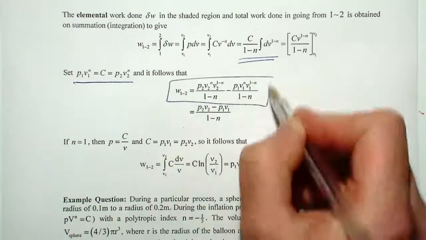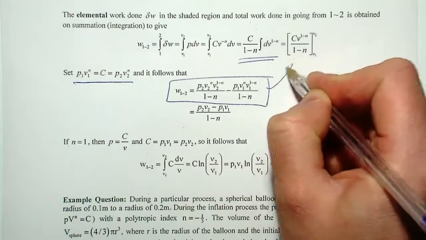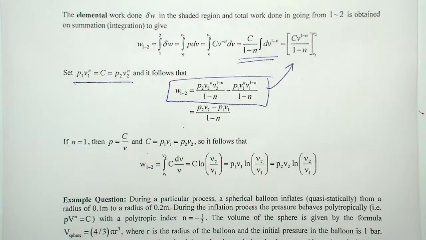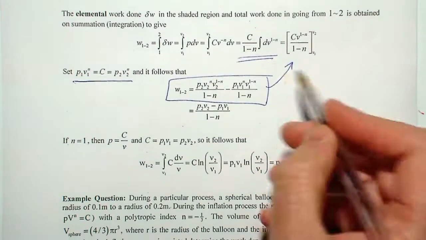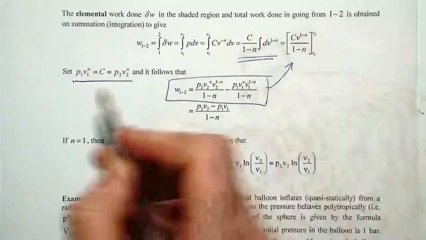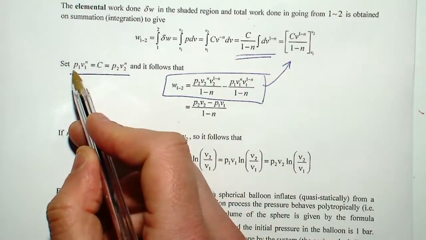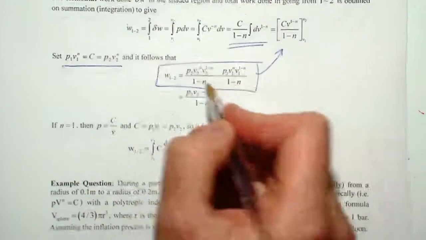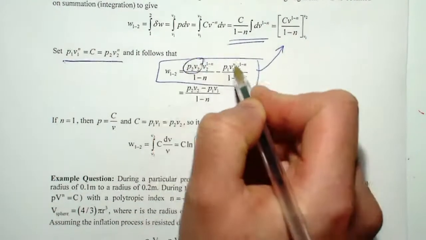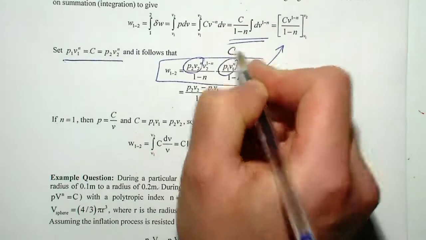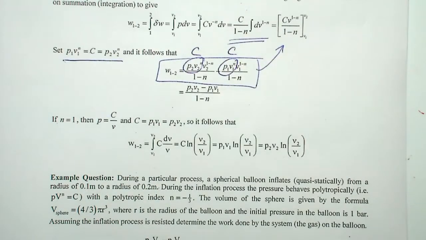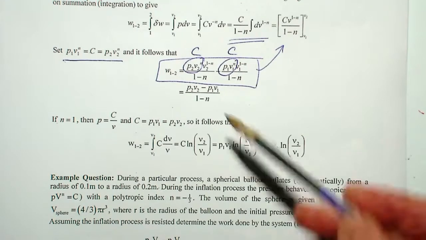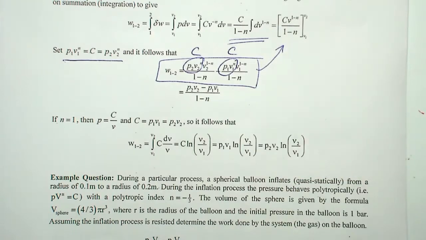That comes from here. And of course, by observing the fact that c can be written as P1 V1 to the power of n or P2 V2 to the power of n as well. So here, this and this, these are my c. Now, if I simplify this equation, then you end up with this equation.